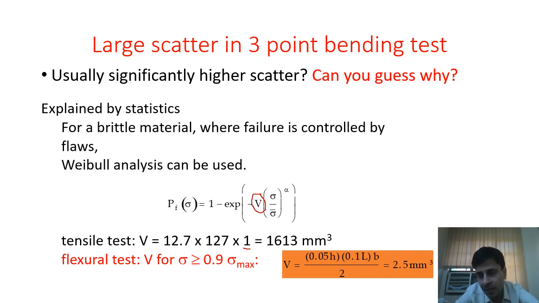So the load is applied over the entire width, but over a very small part of the entire gauge length, and usually the volume where failure is likely to happen, where there is stress concentration, comes out to be only 2.5 millimeter cube. So the volume is very low, and if everything else remains the same and the volume is this much different, you can see that the scatter difference will also be very high.